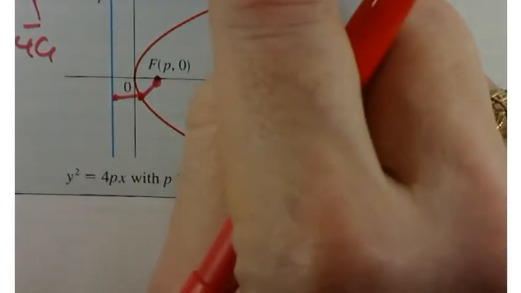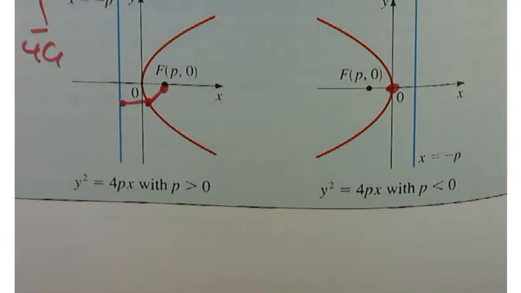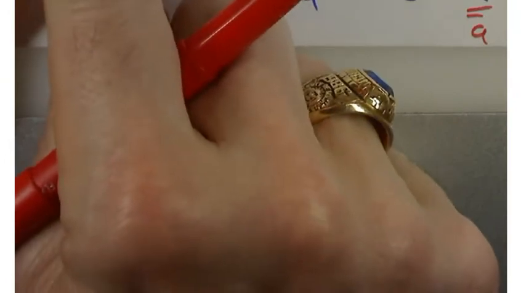Now the way the book wrote it here, this number is 4 times P. I like to think of A as being the coefficient of your squared term, so we're a little bit different in terms of our preference, but either way works. In our problem, we had the coefficient of your squared term. That's your A. And so we plugged it into this formula to find P. And P, we can ignore the sign. P is a distance of 1.